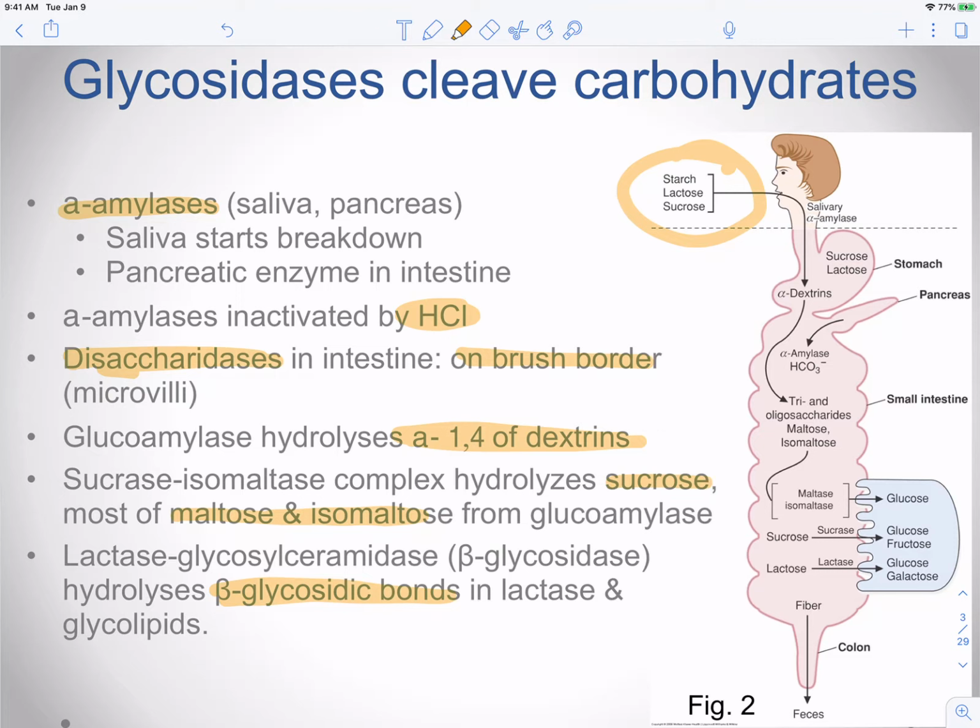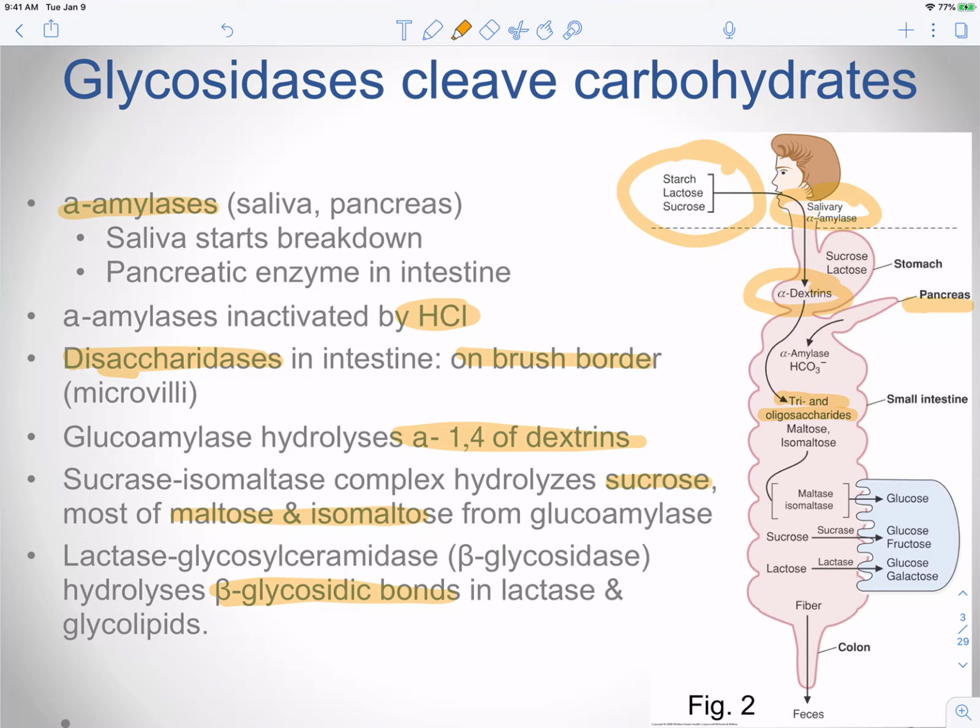So over in this picture, it shows you are eating the sugars. You have your salivary alpha amylase. In the stomach, you get your sucrose and lactose that get passed on. You then have your alpha dextrins that are going to pass into your small intestine. Your pancreas will release your alpha amylase again. And in the small intestine, you'll have tri- and disaccharides that are going to be worked on by the different types of enzymes.